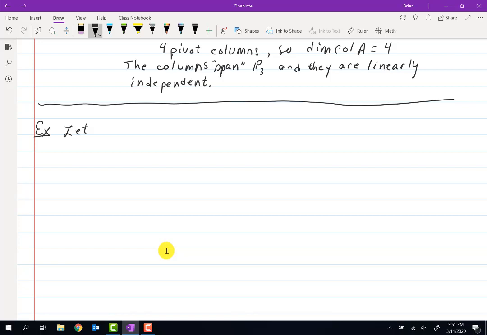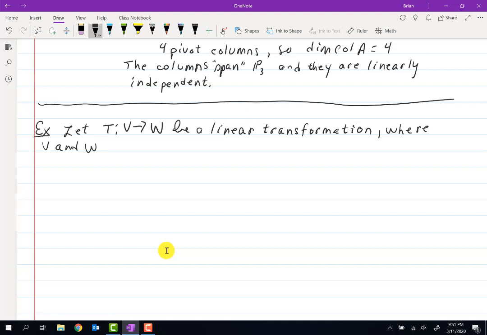Let T from V into W be a linear transformation, obviously where V and W are vector spaces.